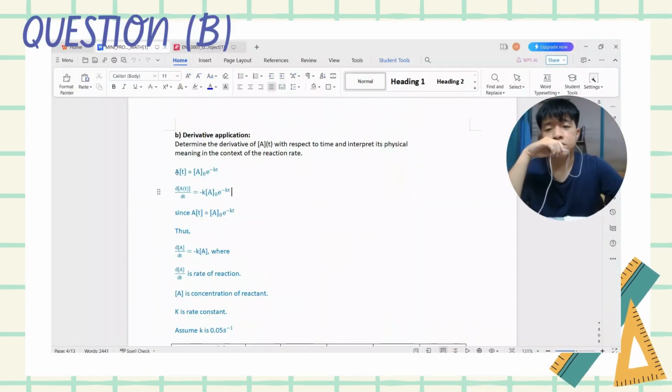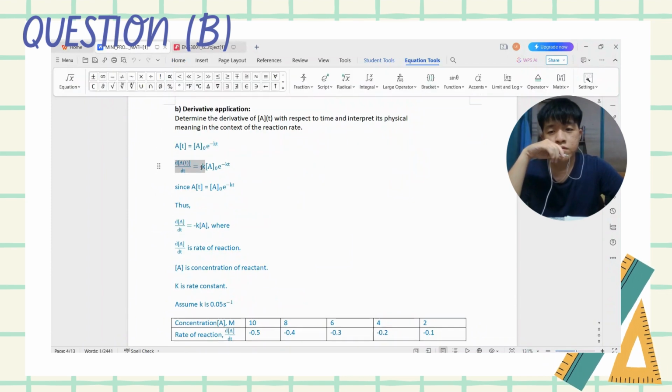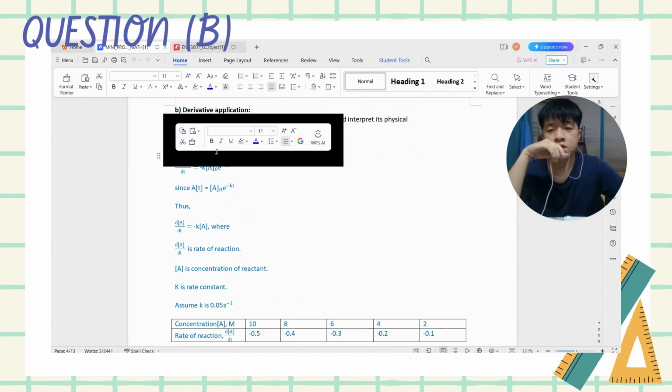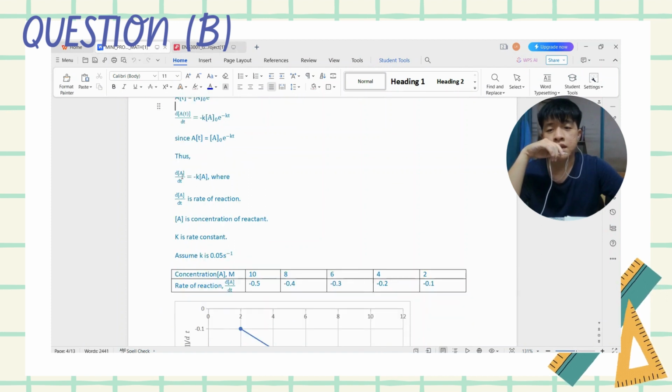So for this question, we just need to use the equation from question A, which is the equation of AT. In order to find the reaction rate, we need to differentiate the equation into this. Since this is the equation of AT, the derivative of concentration A is the rate of reaction.